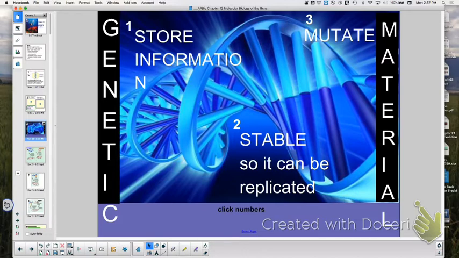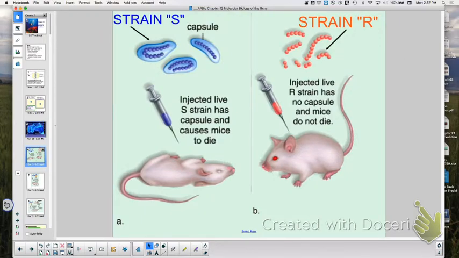So our first experiment was Griffith. How are we going to remember Griffith? Griffith Observatory probably has a lot of rats and mice. Good. Griffith just used the mice to tell us about the bacteria. There were 2 strains of bacteria: S strain and R strain. S strain was smooth, and it would kill the mice that it was injected into, whereas with the R strain the mice would live.